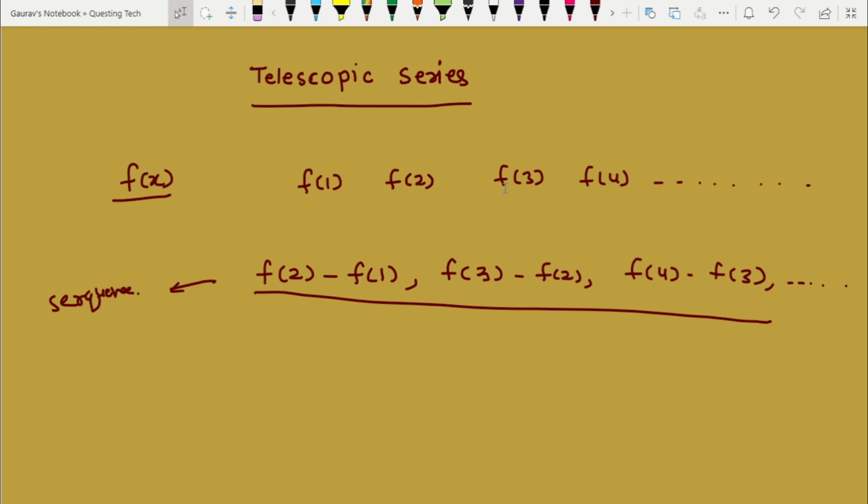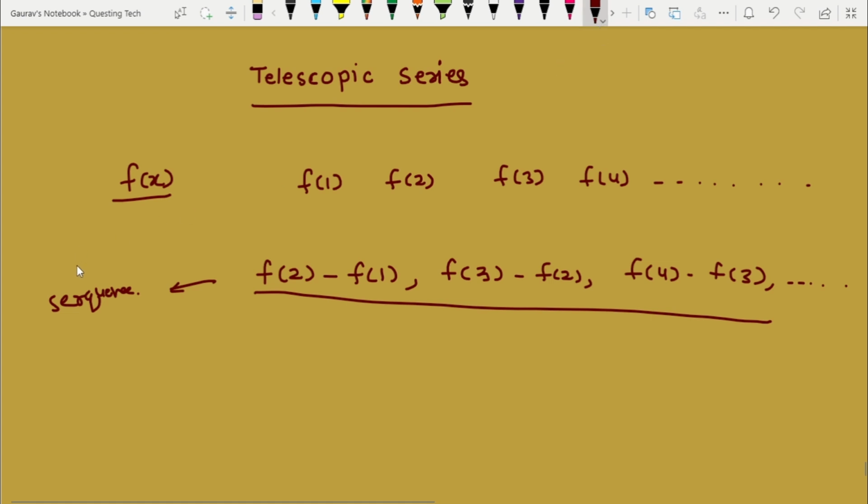So where are we going to use this telescopic series? If we are going to find the sum of all of these elements, then the sum is really easy.